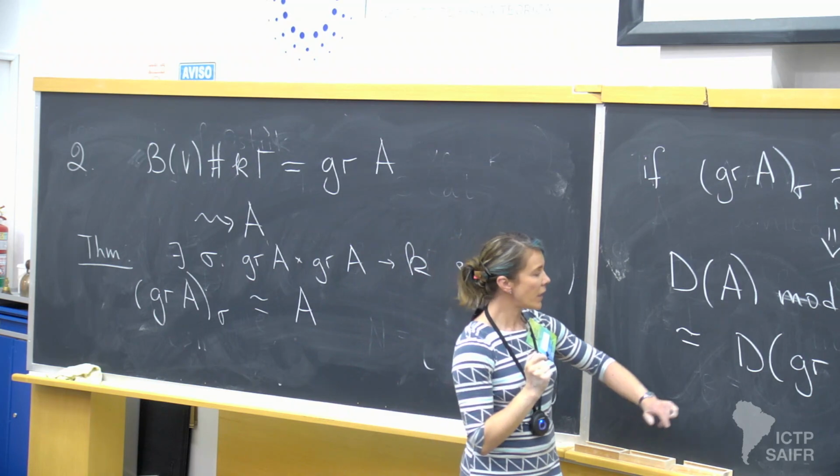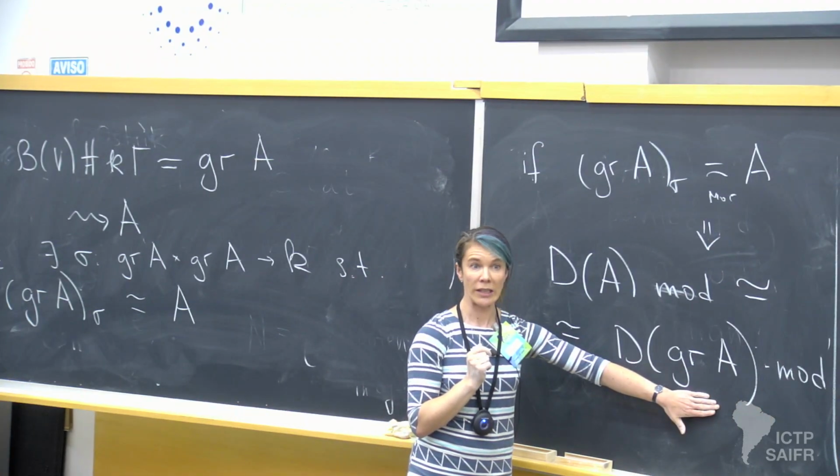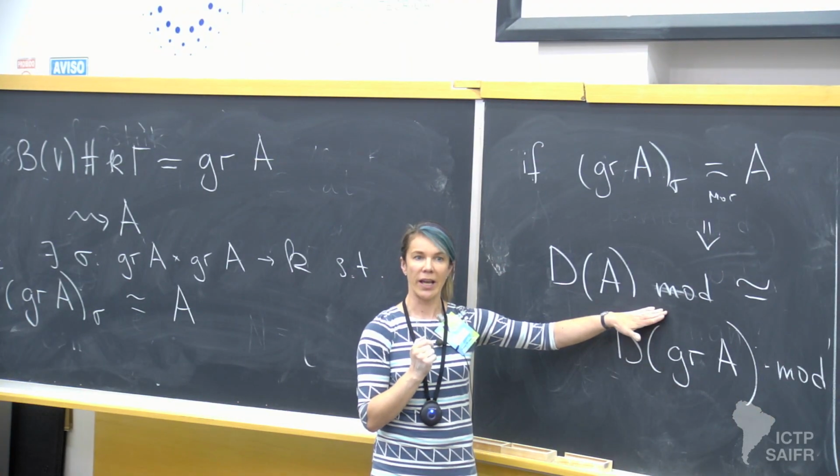This tells us that if we can show finite generation in this category, then we have it in this category.